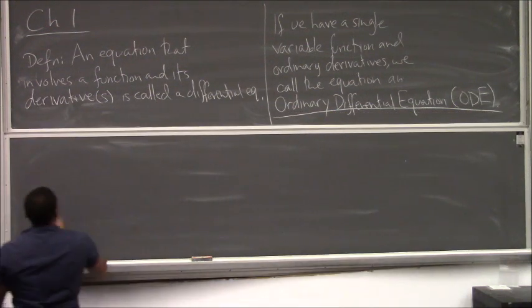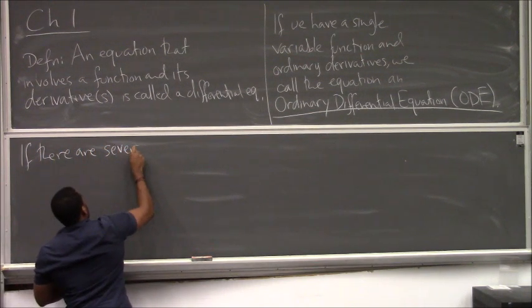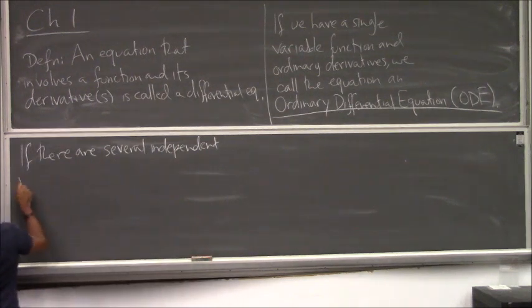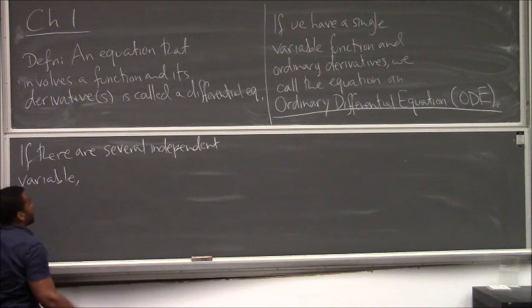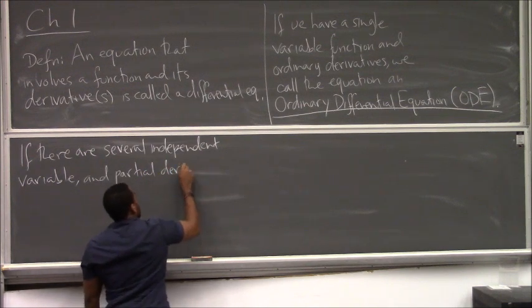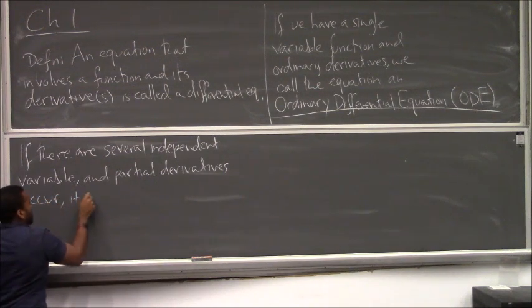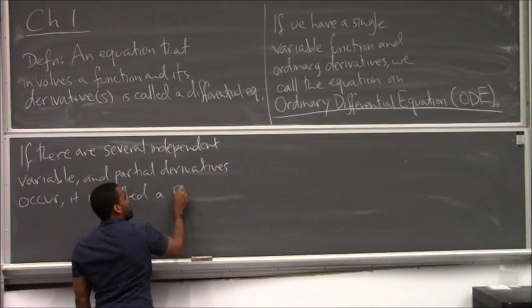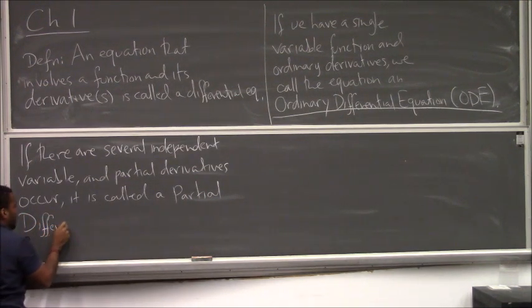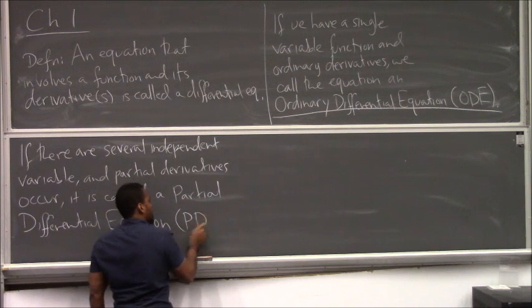Now, if there are several independent variables and partial derivatives occur, it is called a partial differential equation, or PDE.